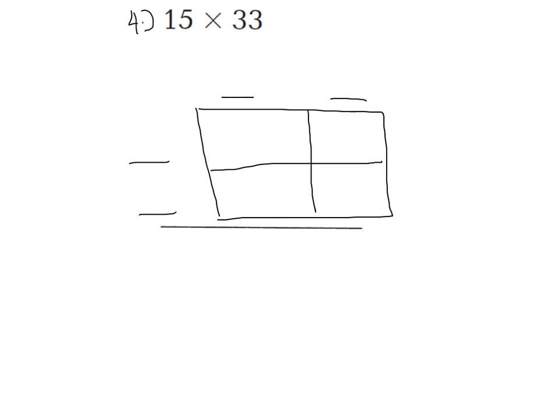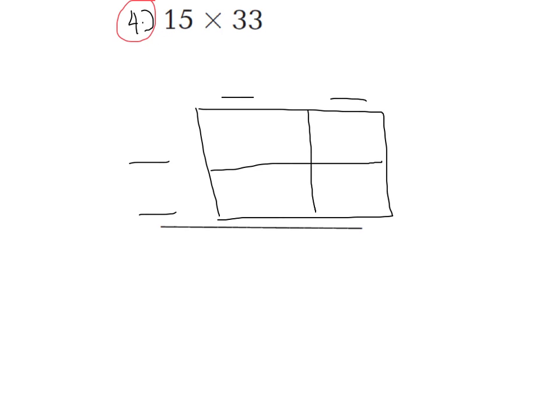Okay, let's skip over to number 4 in your Go Math book. That's the one that you should have circled also. So let's look. We have 15 times 33. Now, I drew a box model here. Can you go ahead and draw this same box model as I did in your Go Math book? So first we need to find the numbers that go down the side of our box model. Well, that's going to be our first factor, which is the 15.